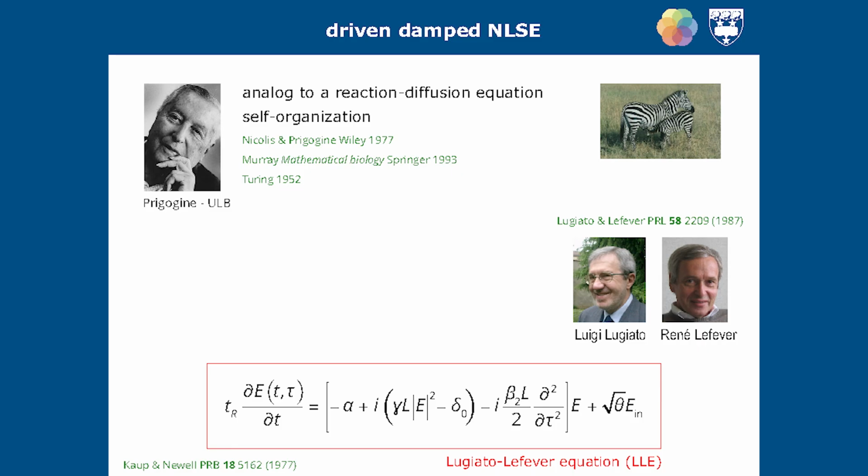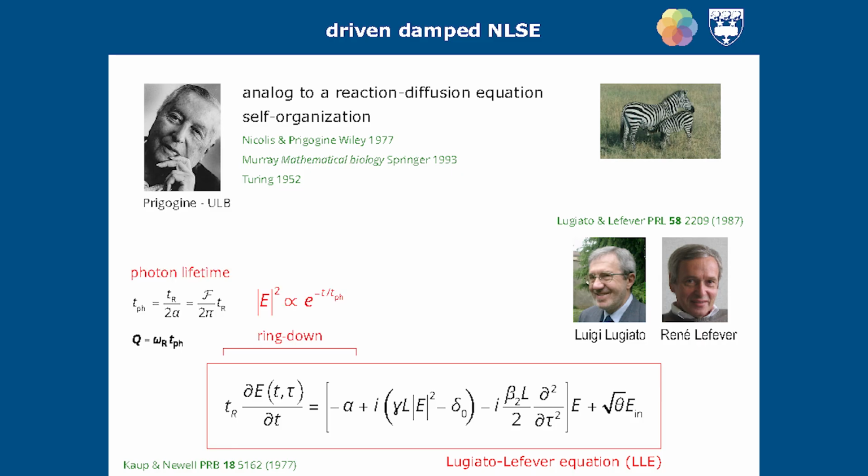He got the Nobel Prize in chemistry for predicting the existence of what we now call dissipative structures, which are all these patterns that appear in nature, like zebra stripes, and you can think of plenty of other patterns, okay? And before him, Alan Turing also predicted the existence of patterns in nature in the context of chemical systems. So it's not exactly the same equation. Here we deal with a real equation. This one is complex, but this notion of reaction-diffusion equation is closely related to that, okay?